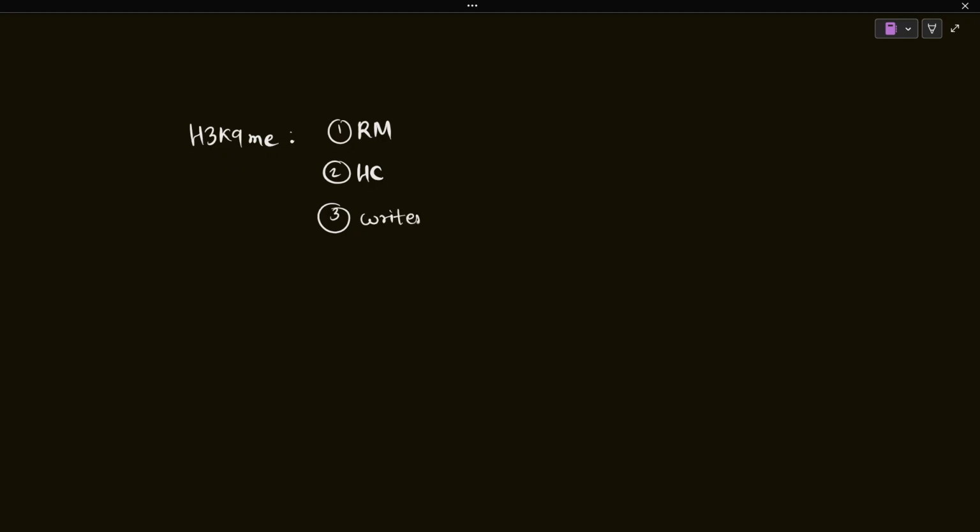The writer enzymes for this mark are SUV39H1 and SETDB1. SUV39H1 adds it at the pericentromeric region, while SETDB1 adds it at the transposable elements. There are other enzymes like G9A, but you don't need to really focus on that for now.